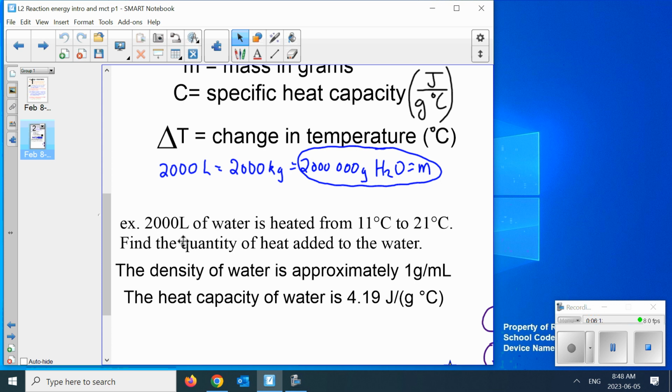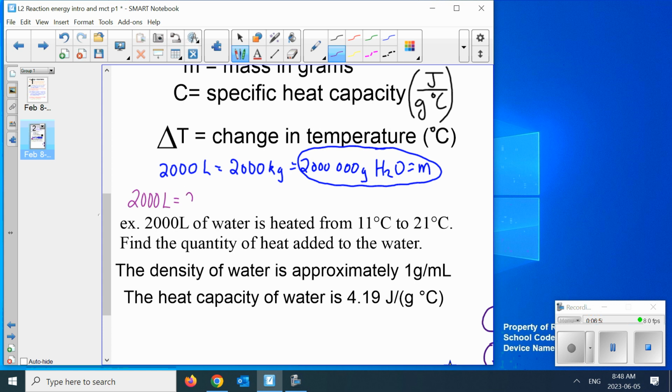2,000 liters. We need a mass though. And if 1 gram is 1 mil, I kind of jump some steps on here where I say, well, 2,000 liters is 2,000 kilograms. I'll explain the reason. 1 gram, 1 mil. Well, 2,000 liters, here's what I did in my head, is how many milliliters?